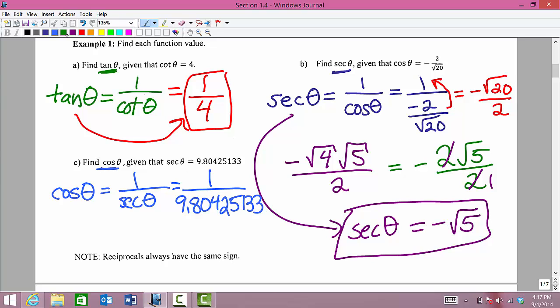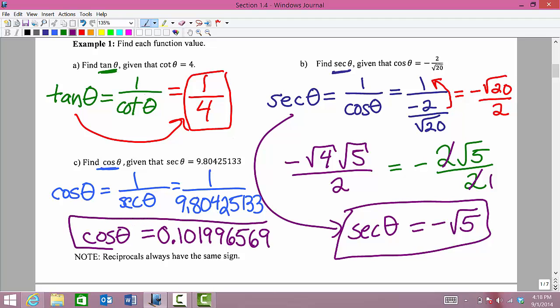All we have to do is put that into our calculator, 1 divided by that value, and then we will have our answer. So cosine theta is equal to, I put that in my calculator, I get 0.101996569. And then, of course, if you were asked to round to a particular decimal point, then you would want to do that.